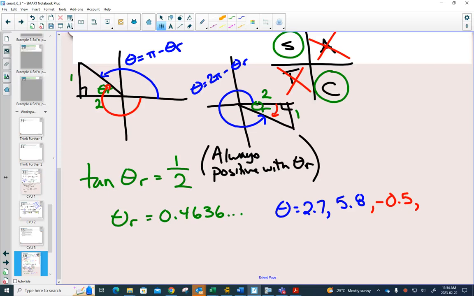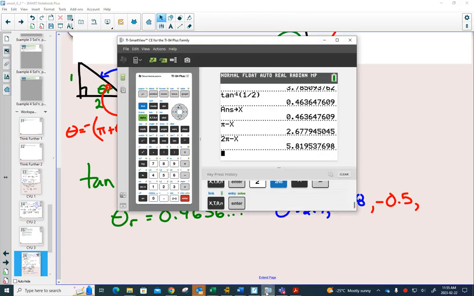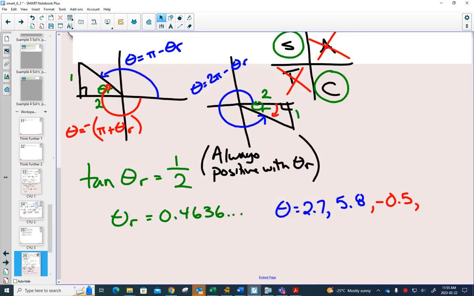If I was thinking about this in degrees, I'd go 180 plus my reference angle. In radians, I'll go pi plus my reference angle. Whatever I get, I'll make it negative. I go to my calculator. Pi plus my reference angle, 3.6. So that angle will be negative 3.6.